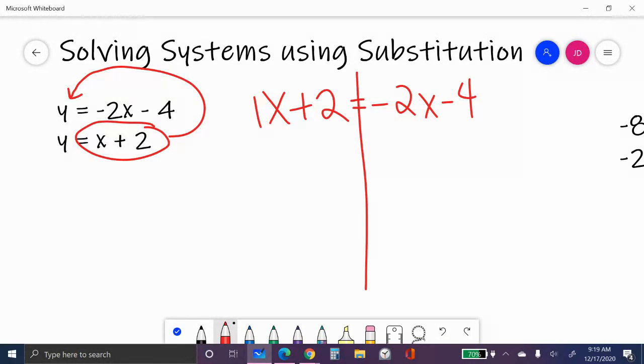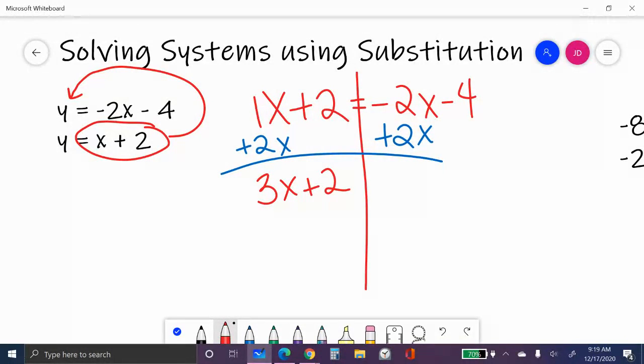And what I'm going to do, there's different ways you can solve this equation. What I'm going to do is I'm going to bring all the x's to one side first. So I'm going to bring this negative 2x over this side. In order to do that, I have to do the inverse operation, add 2x to both sides. And then I get 3x plus 2 equals, those cancel, negative 4.